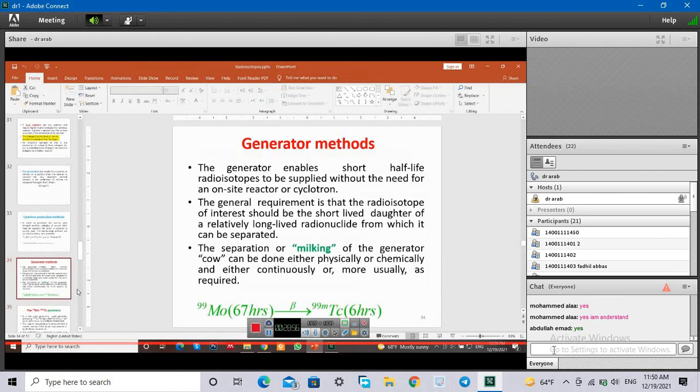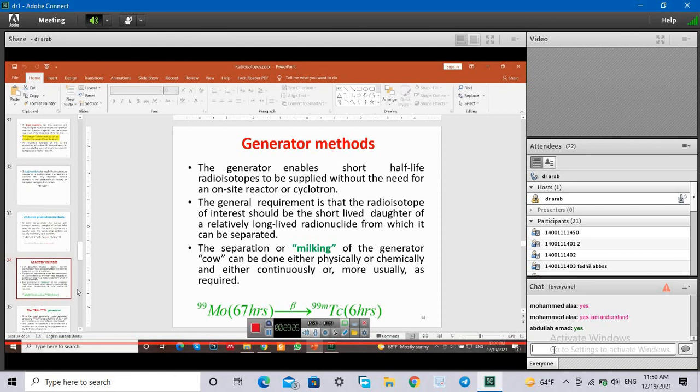And the last method of generating and creating artificial radionuclides is the generator method. It is important to know, again I say, in medicine we should use radionuclides with as short a half-life as we can.